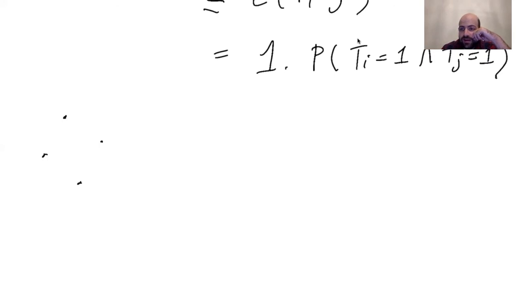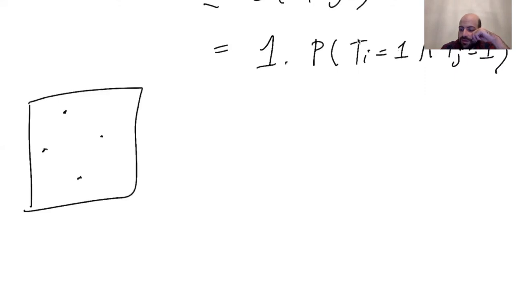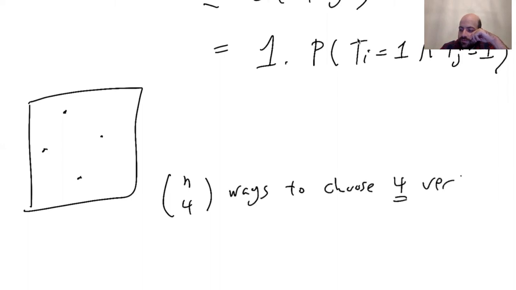And for that, I have n choose 4 ways to choose 4 vertices. Why 4 vertices? Well, you're talking about two triangles. Normally it should be 6 vertices, but 2 vertices are common, so 4 vertices.